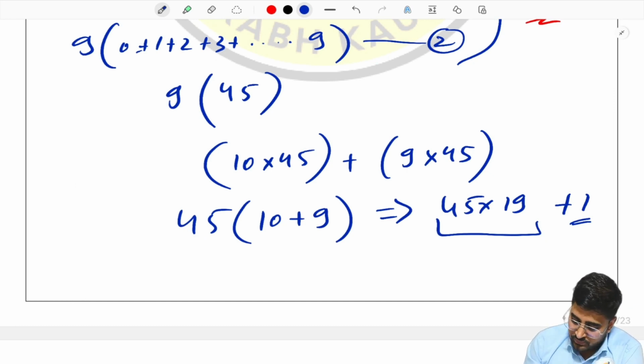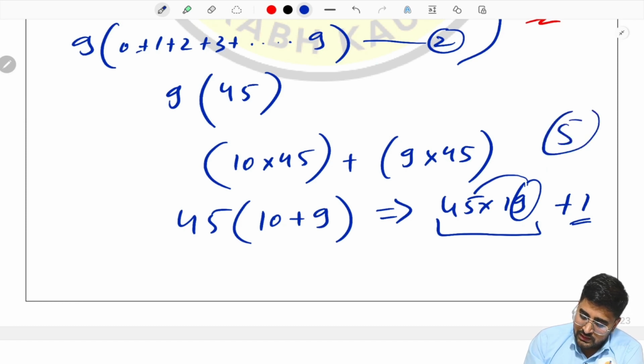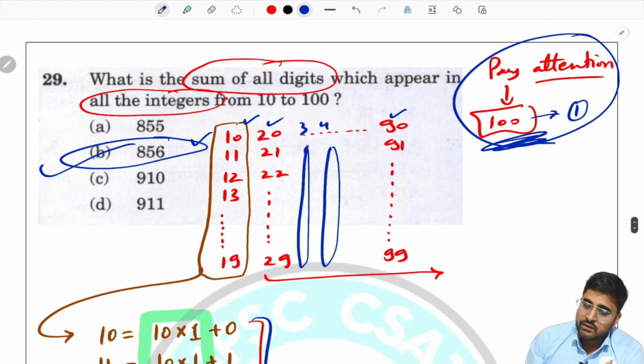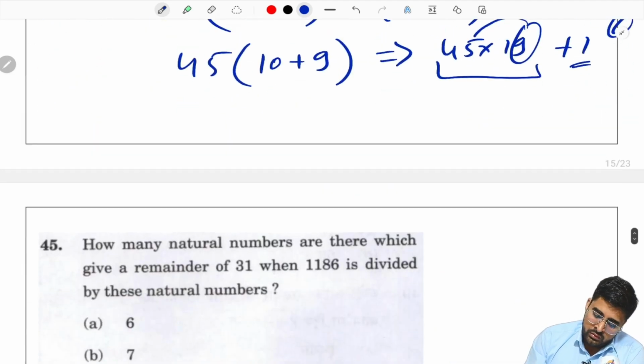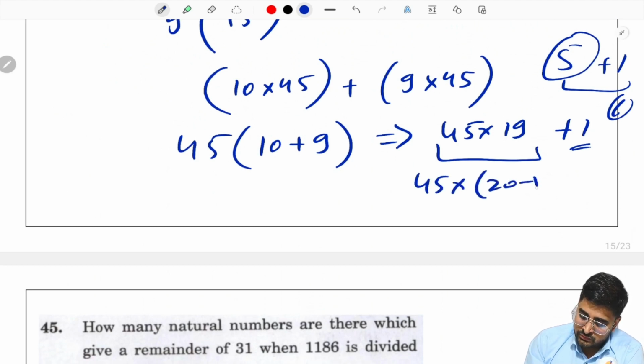Sorry. So let's do it from the unit digit method. You do not need to solve the question fully. 9 into 5, the last digit will be 5 only, and when you add 1 it gives you 6. So the option with 6 gives you the answer 856. If you want to calculate, don't calculate with 19, you can calculate it with 20 minus 1, and plus 1.